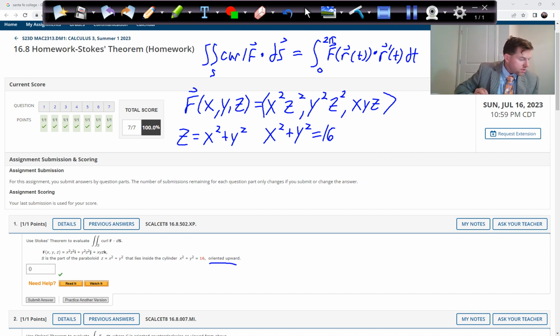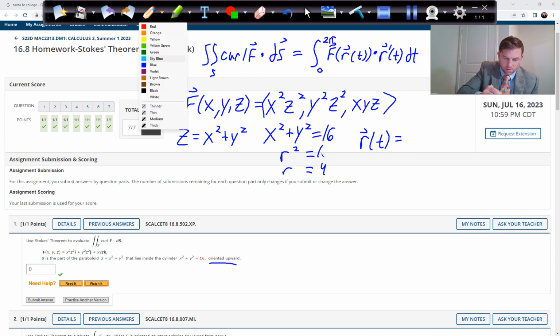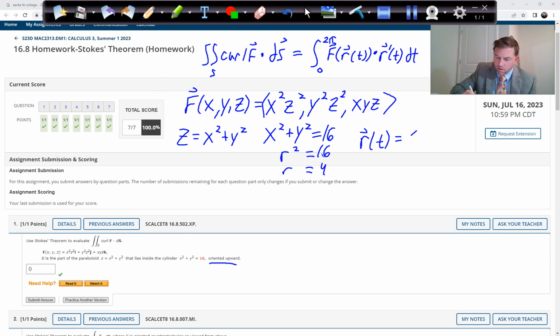Okay, so for this one, we're going to have the r vector with respect to t. From this we can see r squared is 16, therefore r is 4. So we write r of t as r cosine t, and r is 4, and y would be r sine t.